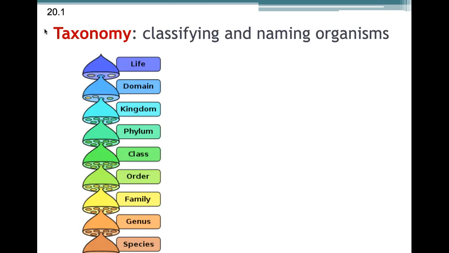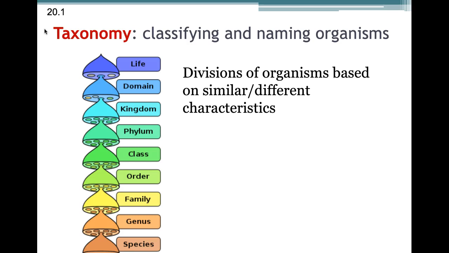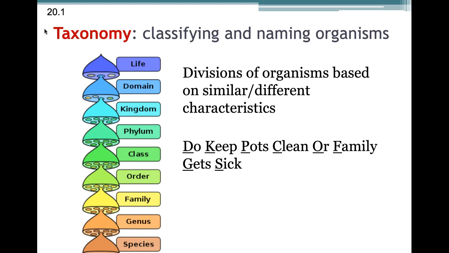The branch of biology where organisms are classified and named is called taxonomy, and it's a really structured system before an organism gets its actual genus and species name. Looking at the chart, we saw this before, anything that is alive at the top is put into categories based on its characteristics.